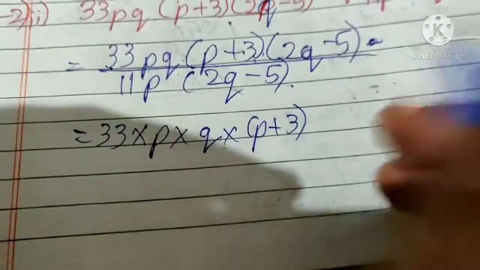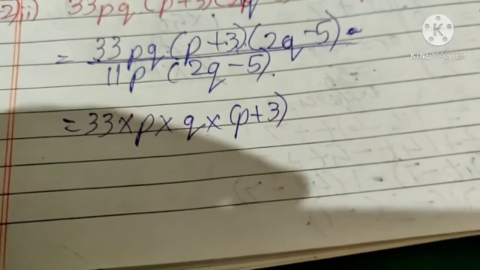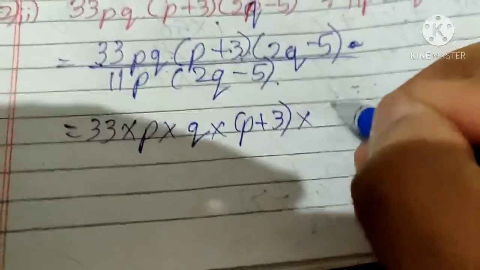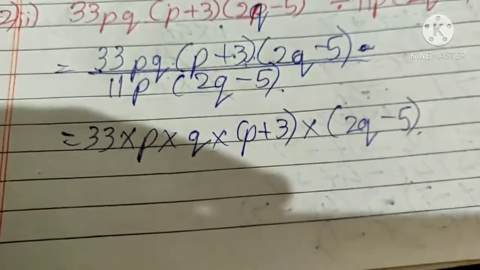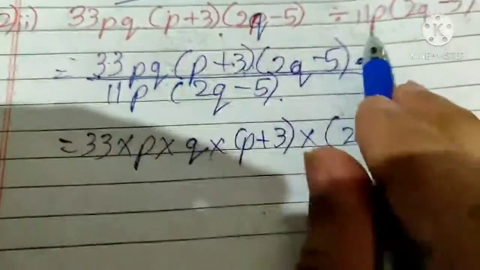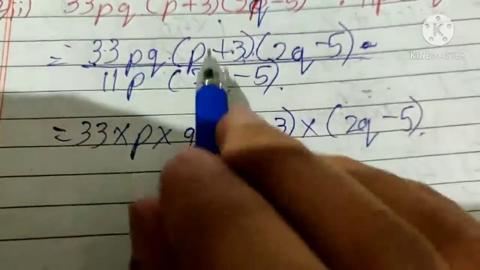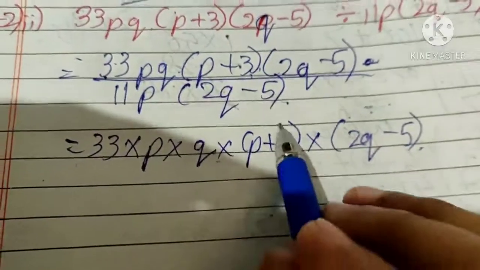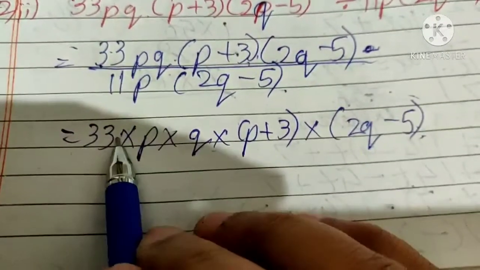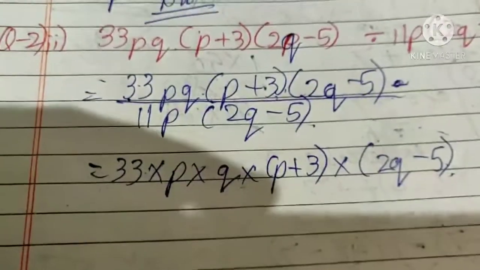Is something common in 2q minus 5? No, nothing is common, so again we will write it the way it is written. So what are the factors of the numerator? 33 into p into q into p plus 3 into 2q minus 5.